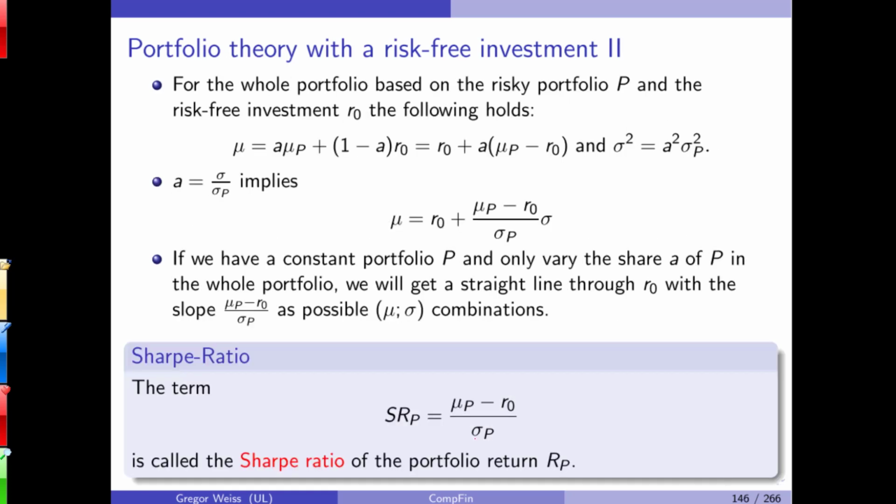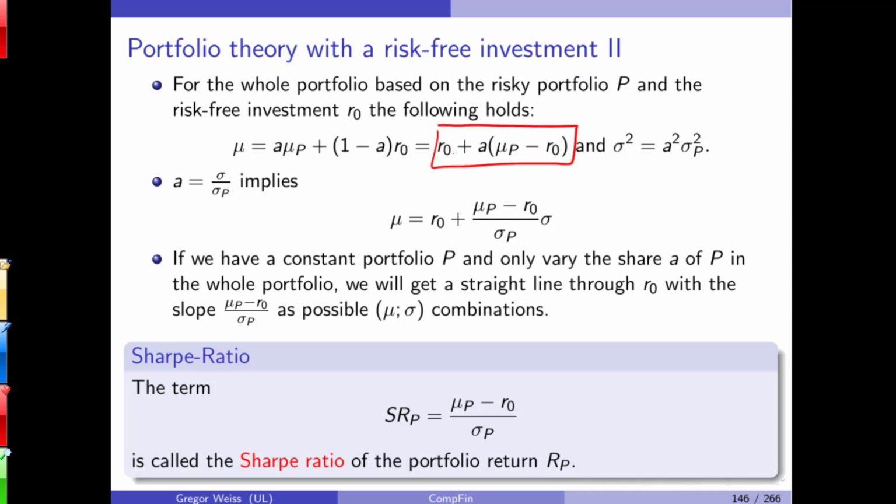Very simple. Now for the whole portfolio, risky part and risk-free part, we have the following. The expected return is simply A times the expected return of the portfolio plus 1 minus A times the risk-free rate. So this can be simplified to this.